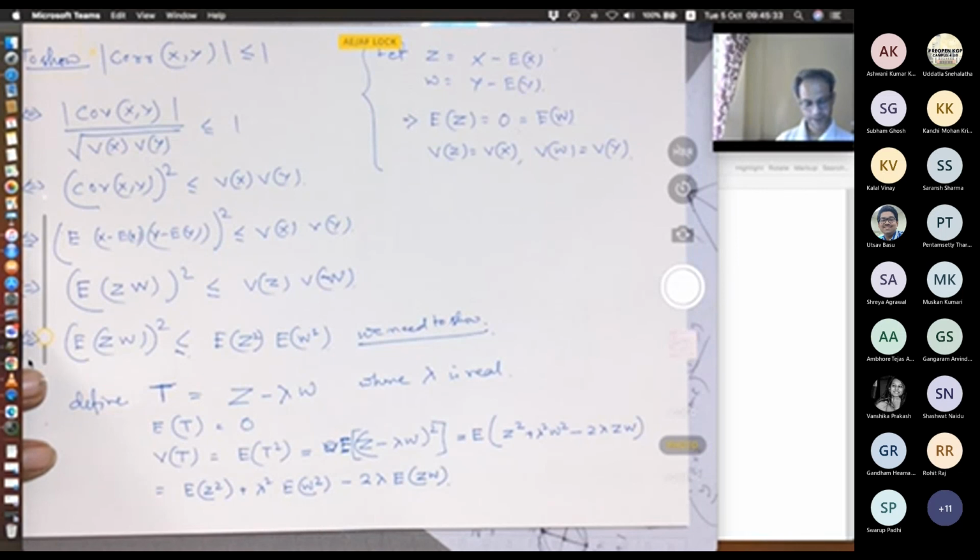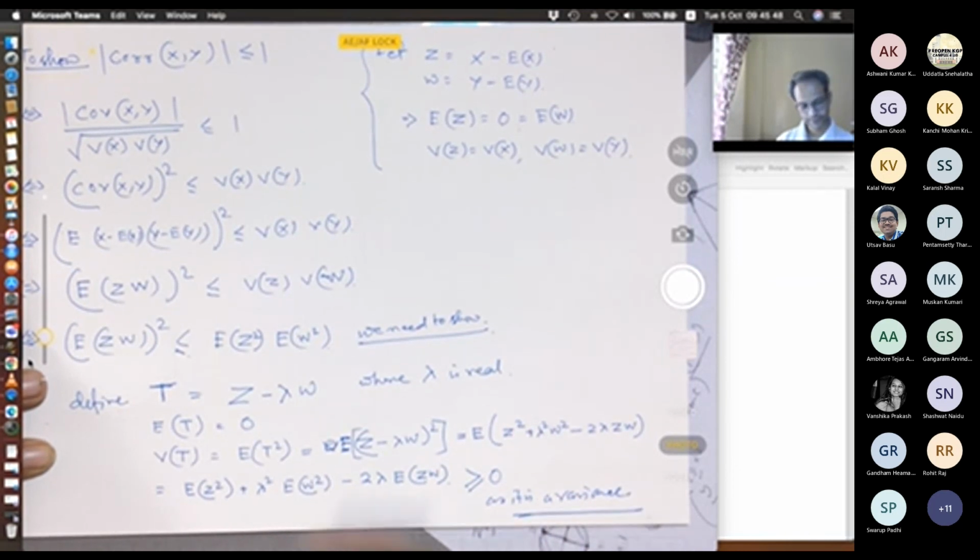Okay. What we can claim is that as it is a variance of T, this quantity is greater than or equal to 0. Finally, this expression is greater than or equal to 0, and I am writing it as Q of lambda. So it is a quadratic expression in lambda.